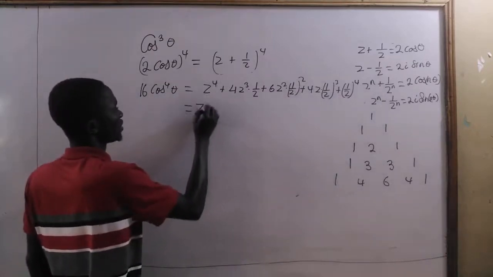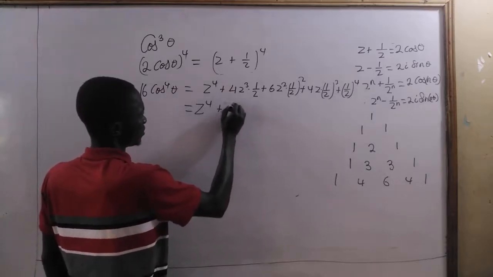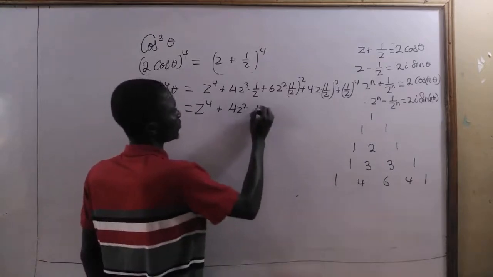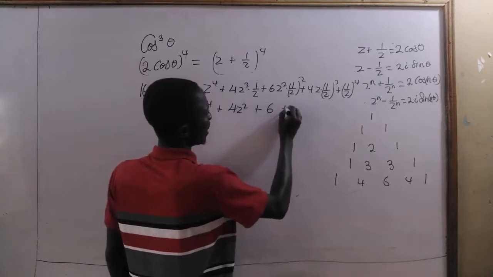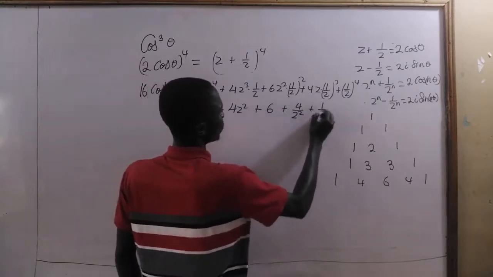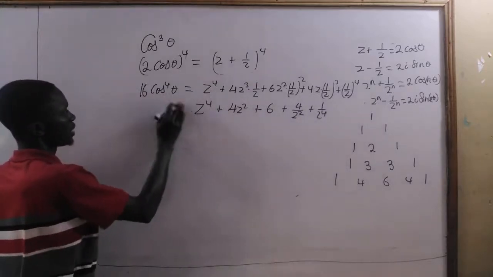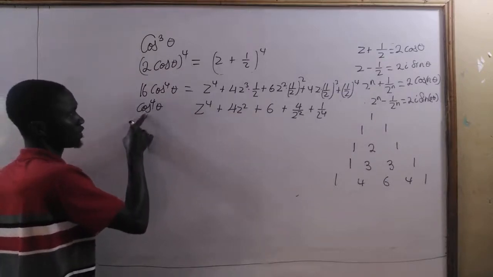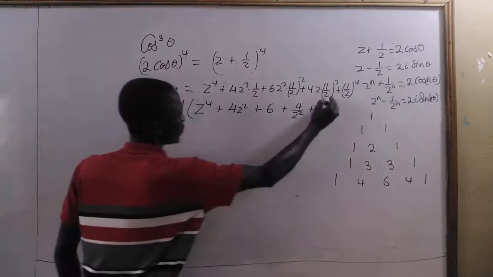That will give us z to the power 4 plus 4z squared plus 6 plus 4 on z squared plus 1 on z to the power 4. Sorry, cosine of theta to the power 4 is equal to 1 out of 16 times the whole of this.